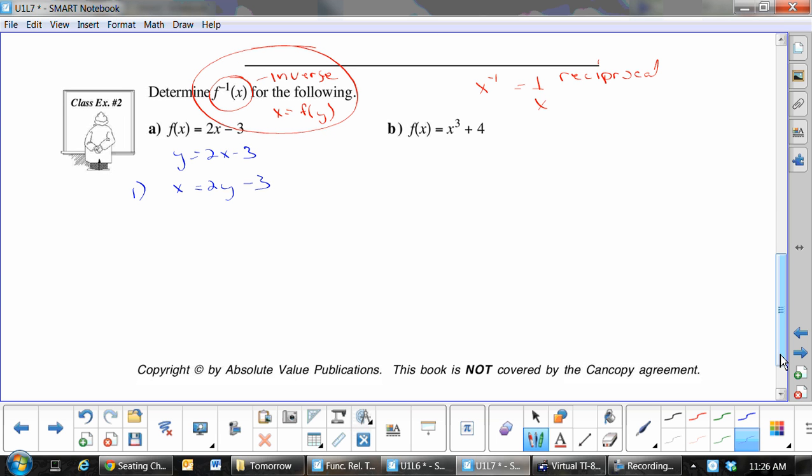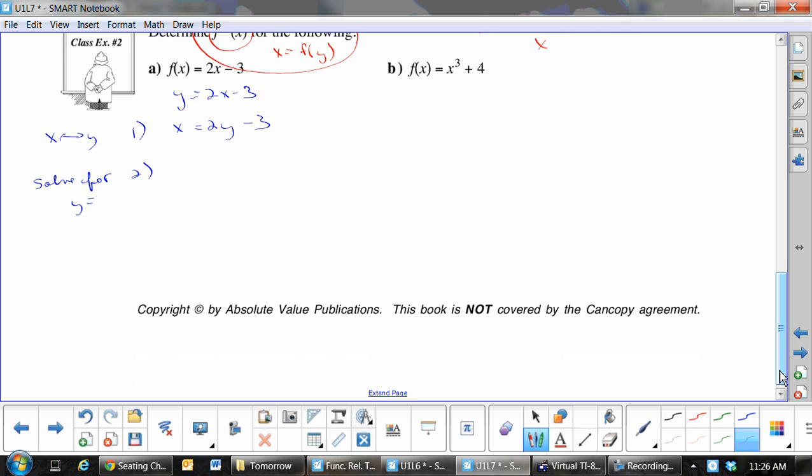So then, step 1, you always switch x and y, and then for step 2, you solve for y equals. Okay, so how am I going to do that? Well, I'm just going to do some algebra. I will add 3 to both sides.